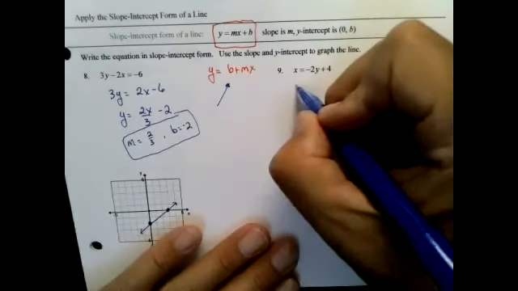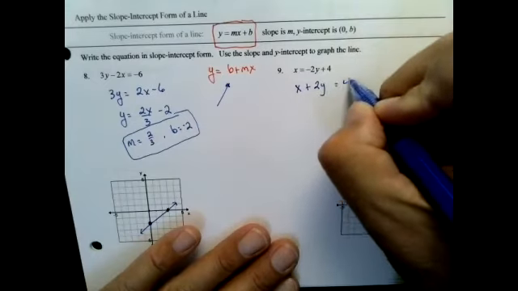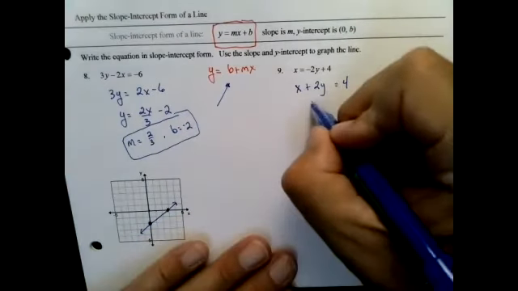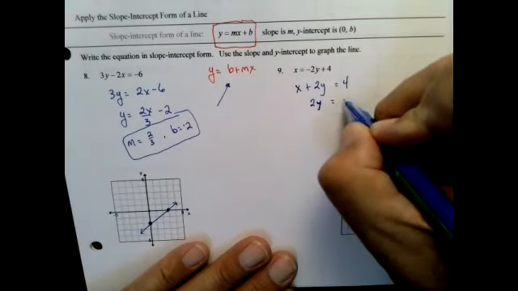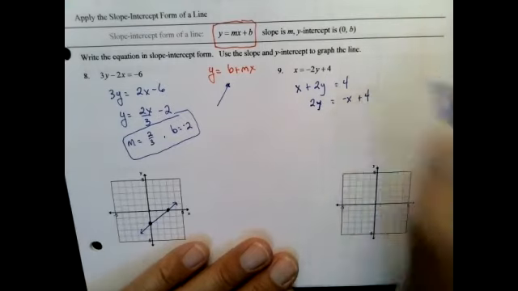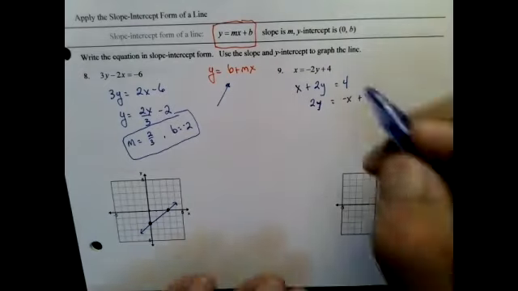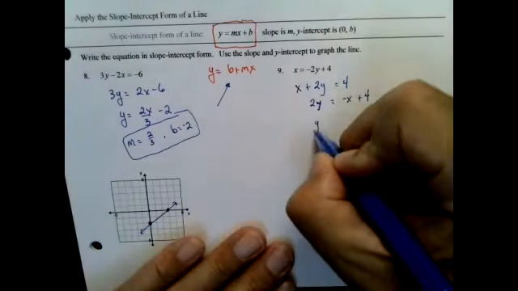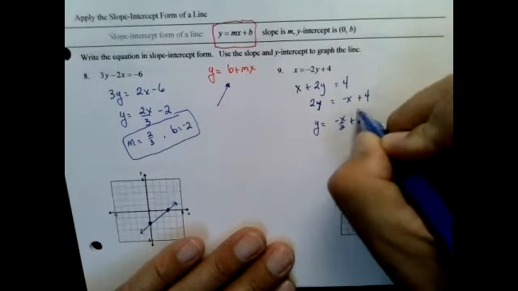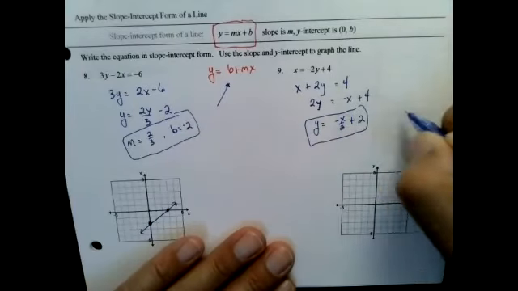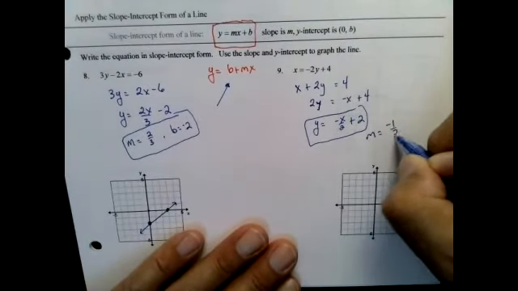I'm going to add 2y to both sides. I'm going to subtract an x. That's still y. -x plus 4. Divide everything by 2. y equals -x over 2 plus 2. I get an m equals -1/2.